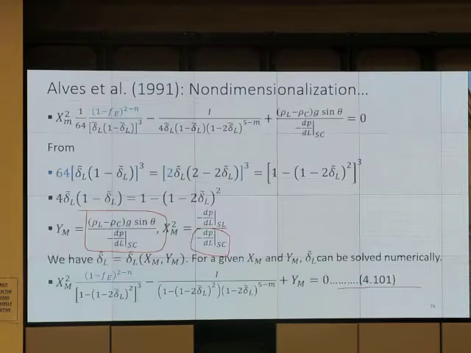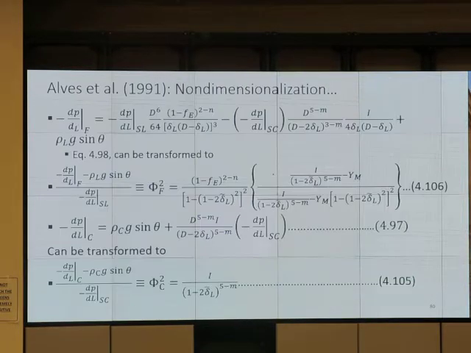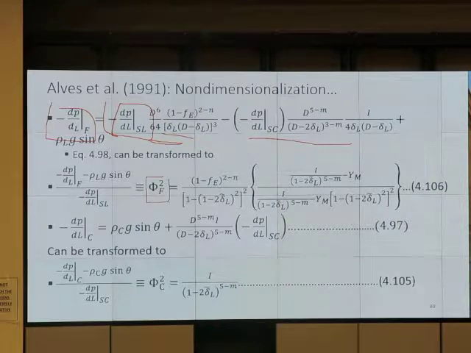Alright. So once you have everything, we can do the chart. We can write the actual frictional pressure loss in terms of minus dp/dl sub SL and thickness like this, or we can rearrange it into the dimensionless form like this.